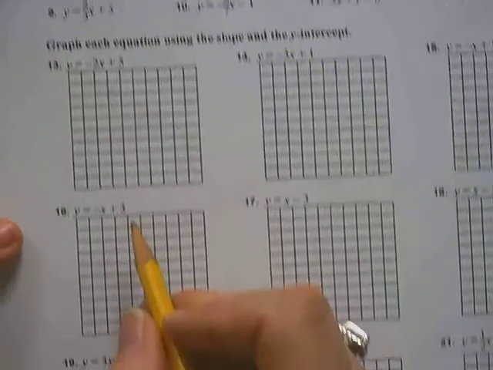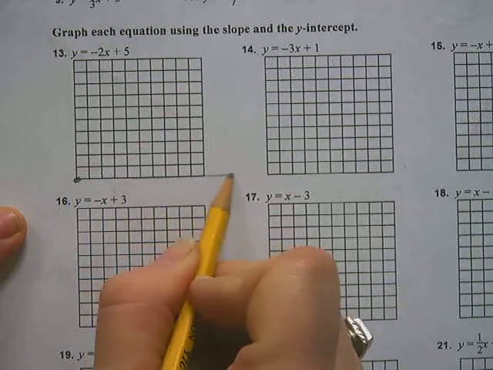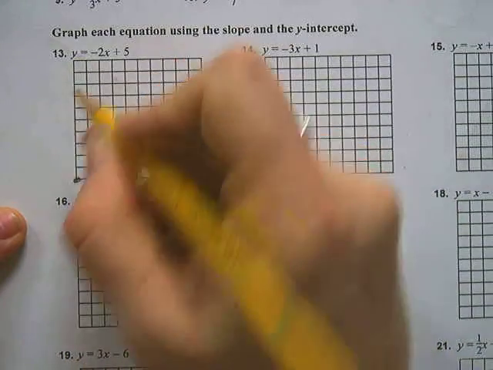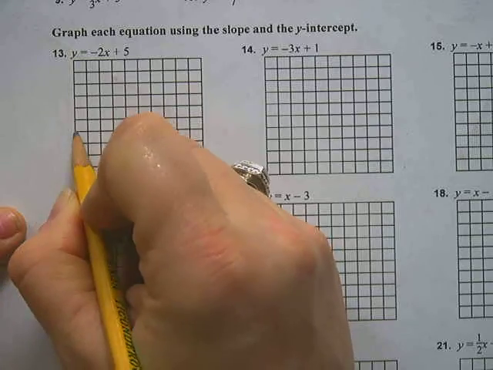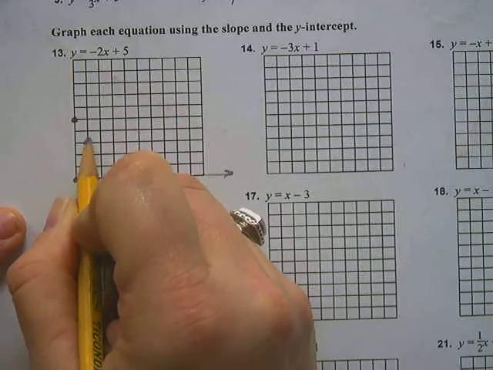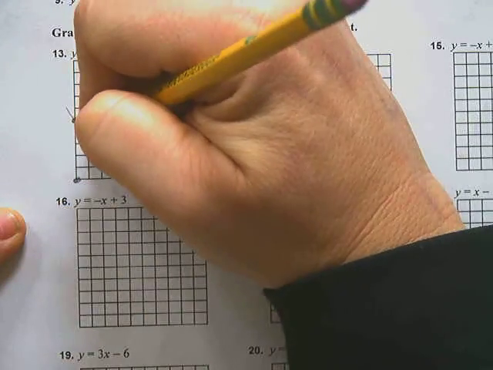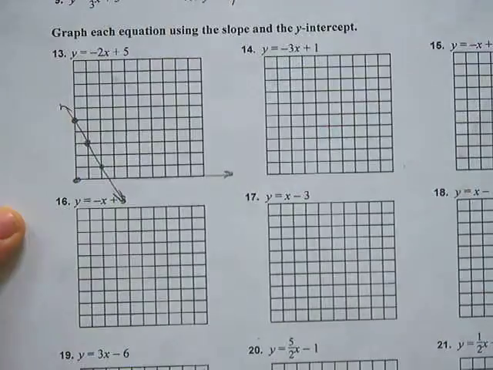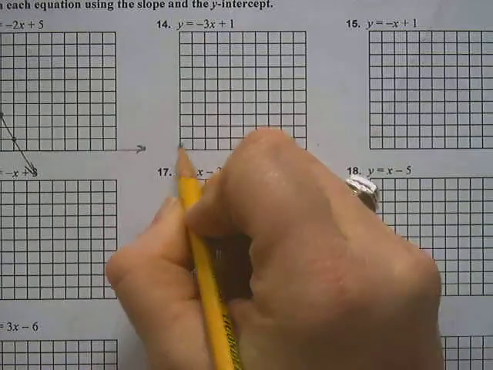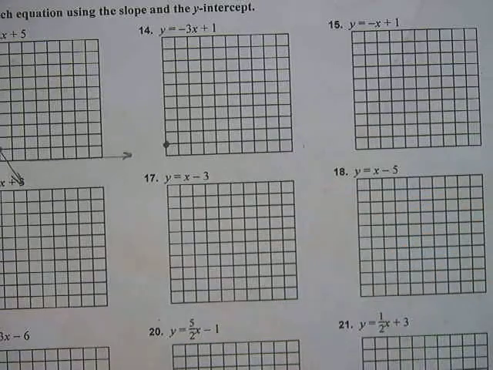Okay, on the back, just double check here real quickly. If this is the origin and this is the x-axis, this is the y-axis, this graph is going to hit at 5, and then we're going down 2 over 1, down 2 over 1. So your line should have looked something like this. This one you hit at 1.